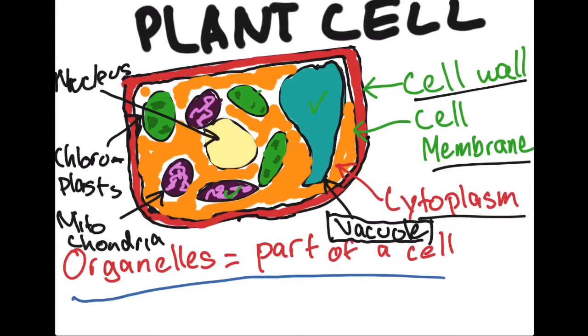Now over here, to bottom left, there's mitochondria, right there. Mitochondria's job is to take in food and then turn it into energy for the plant to grow and live and reproduce.